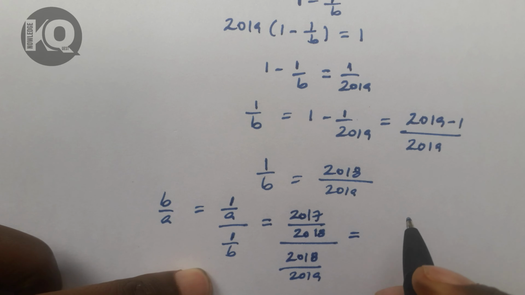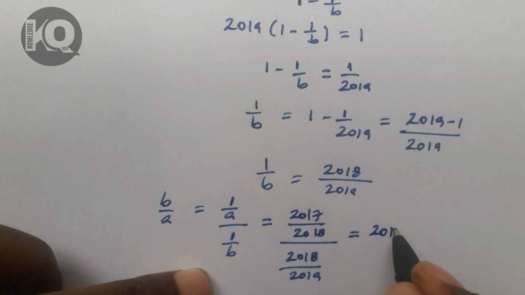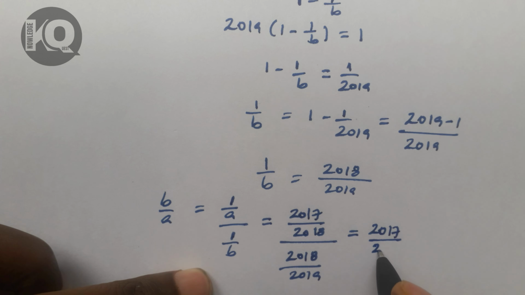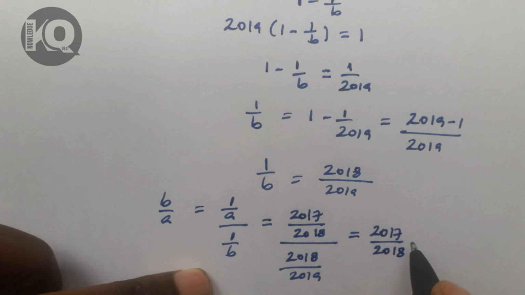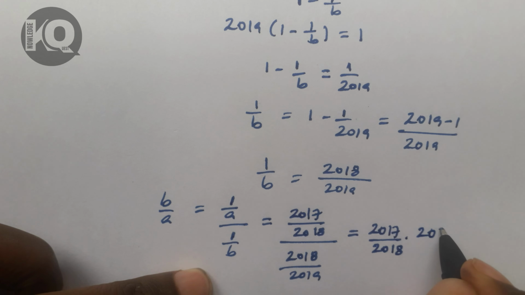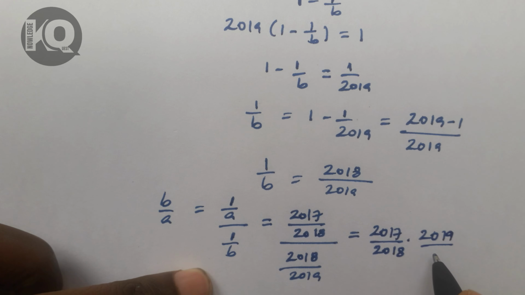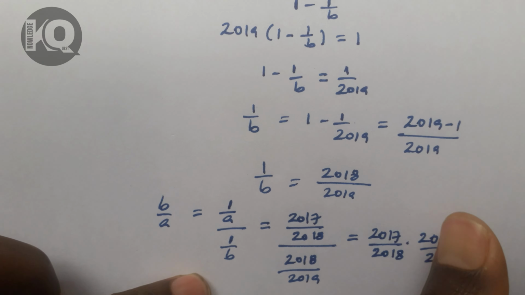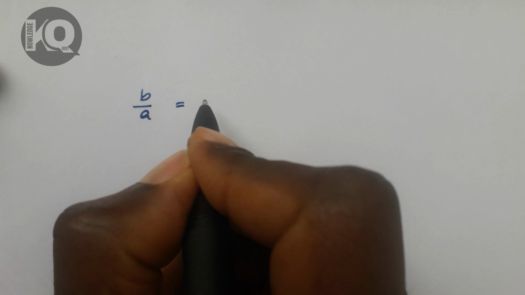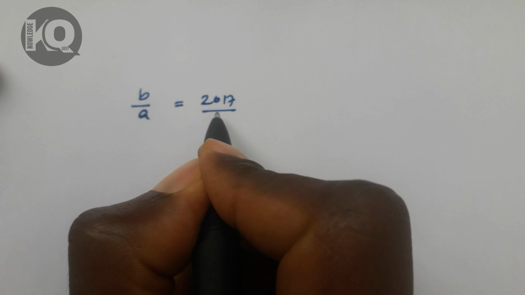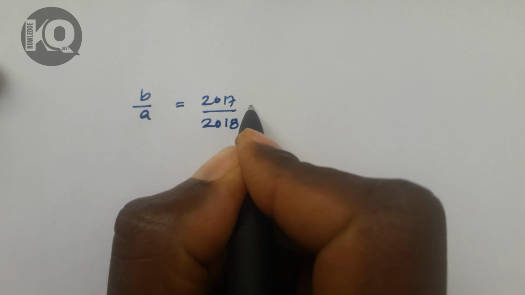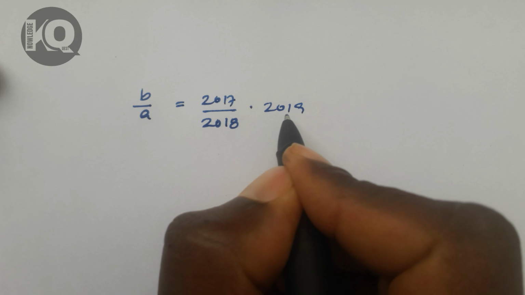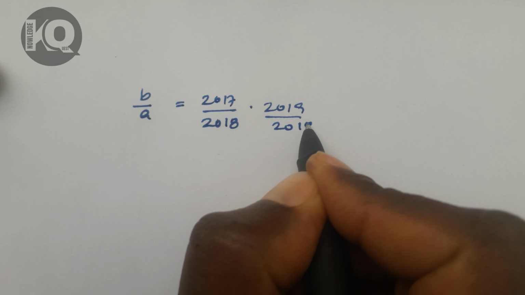So b over a is equal to 2017 over 2018 times 2019 over 2018.